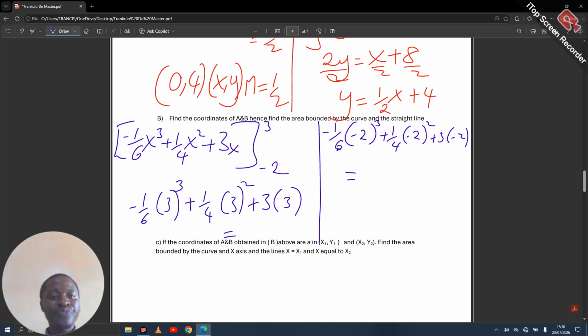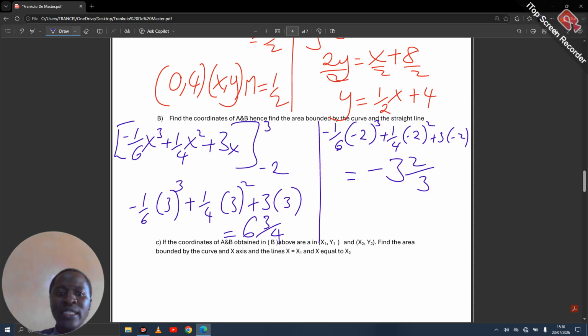Get the answer. Using a calculator, we shall have 6 and 3/4, and for this other part, we shall have negative 3 and 2/3. Then you get the difference.